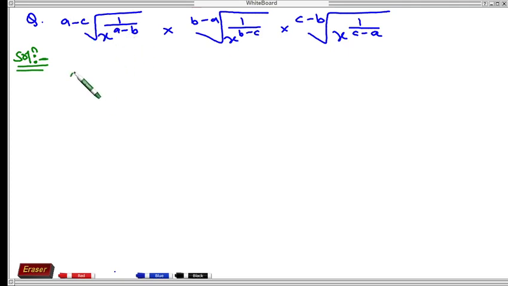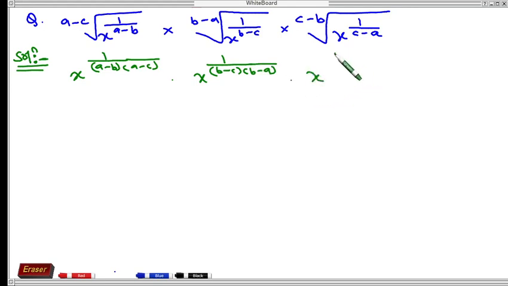So simply you can write x to the power 1 by (a minus b)(a minus c). It goes to divide, that we discussed already. 1 over x to the power (b minus c)(b minus a), x to the power 1 over (c minus a)(c minus b).